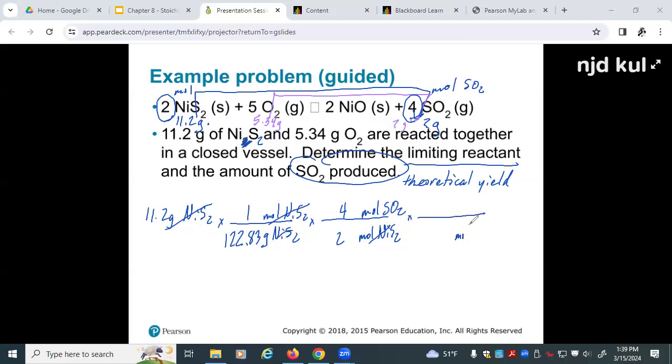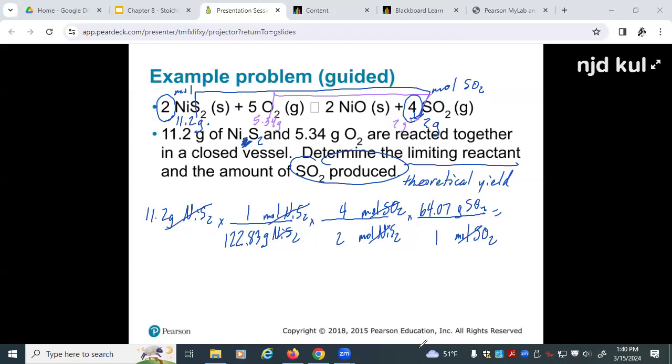Last step, I need to turn the moles of sulfur dioxide into grams. For that, I'm going to need a molar mass. Molar masses come from the periodic table. Sulfur, 32.07. Oxygen, 16 each, and there are two of them. 64.07 is the mass there. My moles cancel. I'm left with just grams.